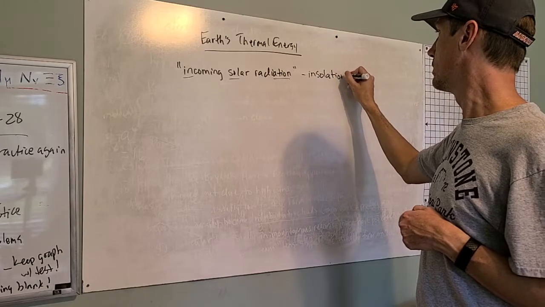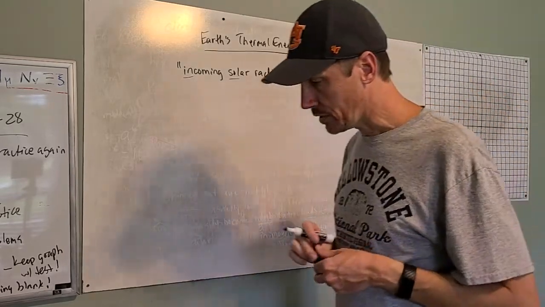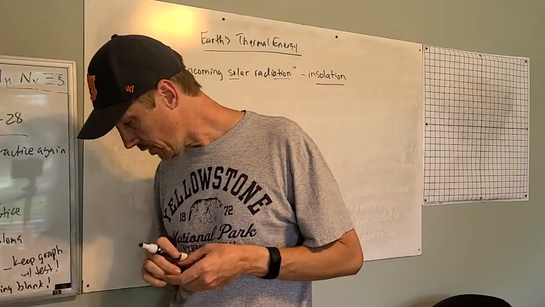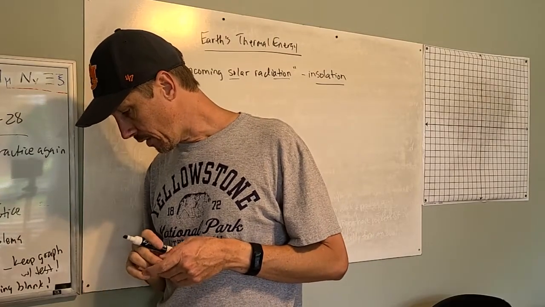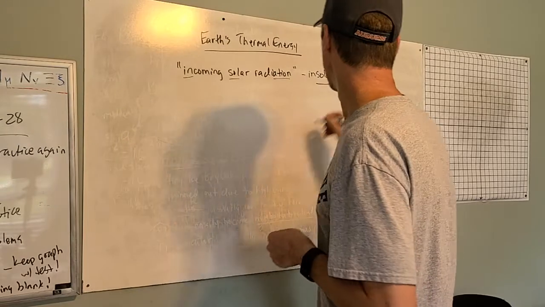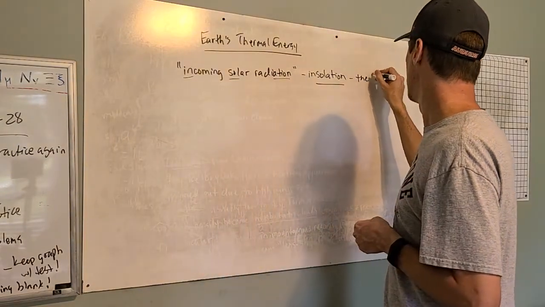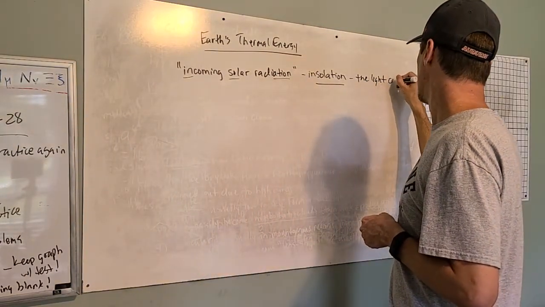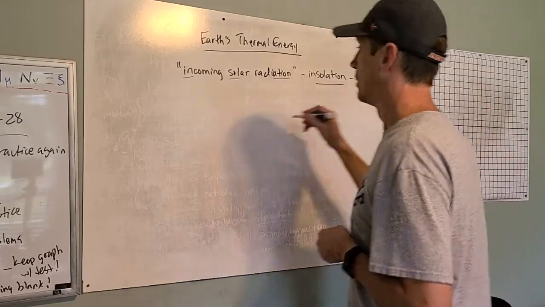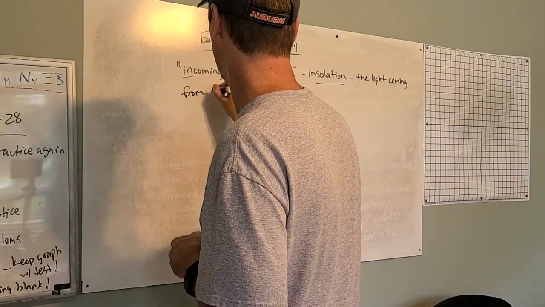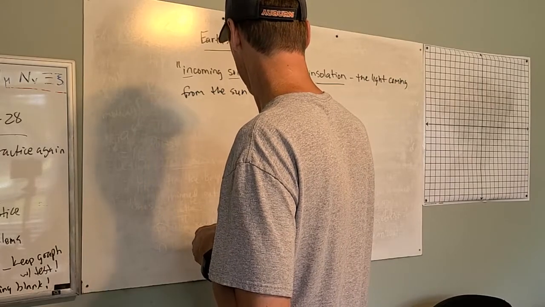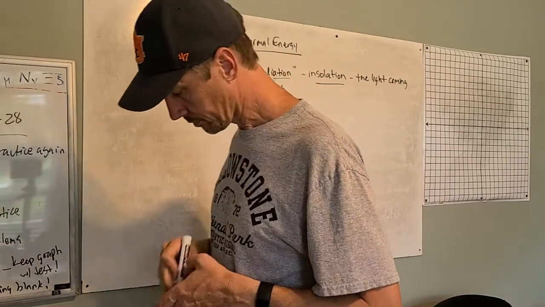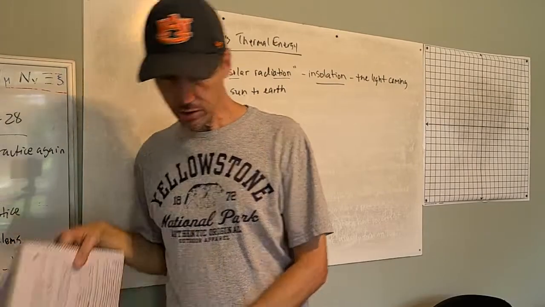insolation. All right, and so insolation is our word that means the light that's coming from the sun to the earth. So this is the light coming from the sun to earth. So it's kind of a cool word.